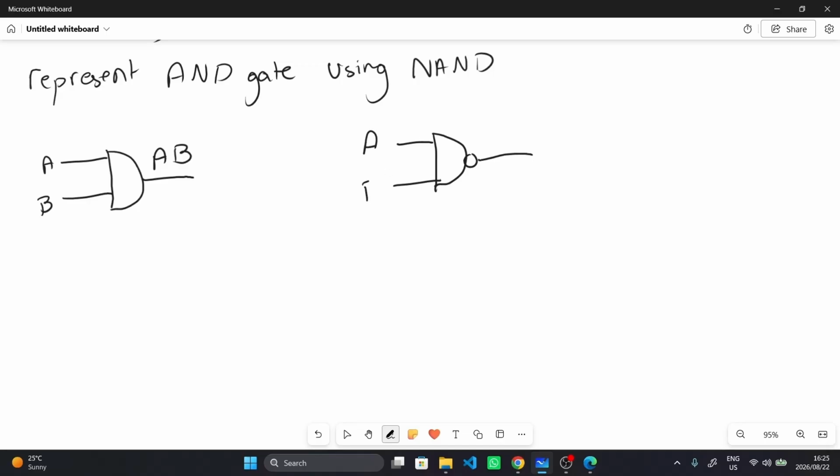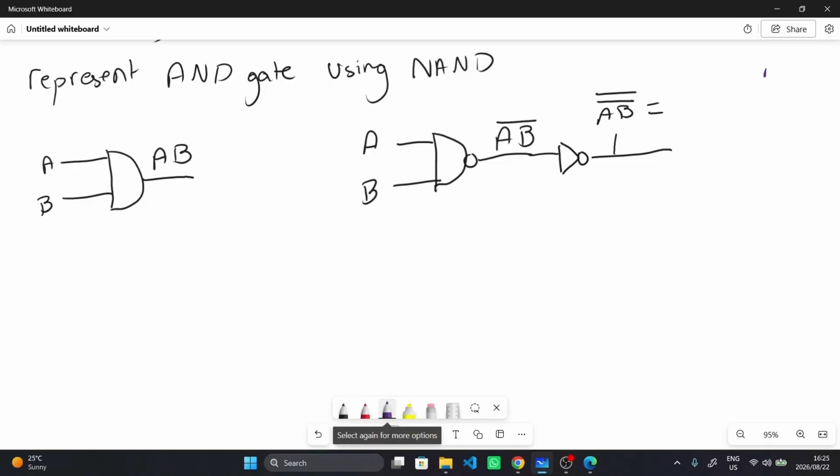So we remember it's A and B, so we have A and B complement, right? And then here you just need your NOT gate to make it A B complement. And if you remember, again, this Boolean rule, A complement complement is A. So this will be AB. And we remember this NOT gate can also be represented using NAND gate, something like this.